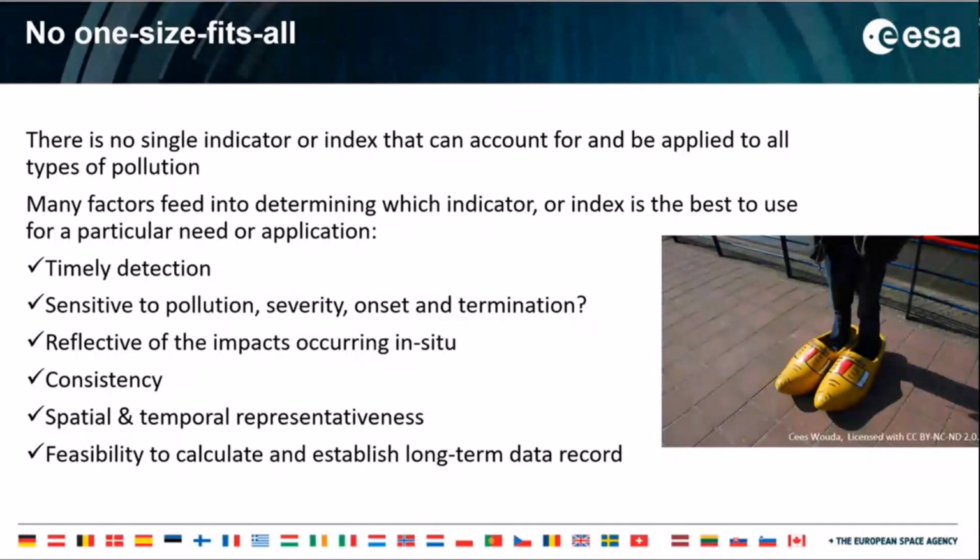First, the timely detection of this. Can you use this index to provide near real-time detection? Is this index sensitive to pollution or water quality parameters? Is it sensitive also to the onset and the severity of this pollution event?